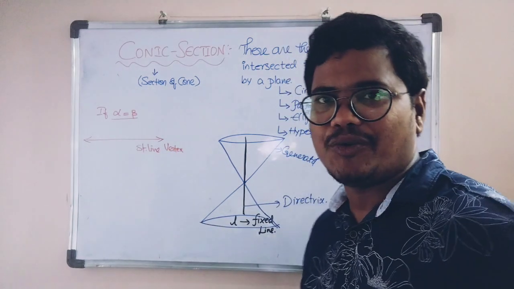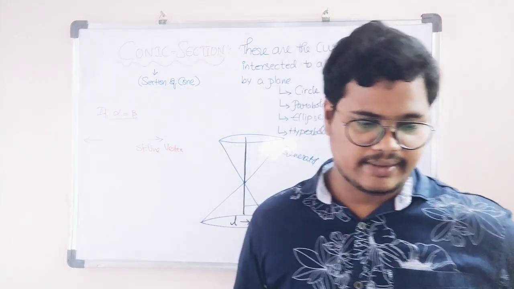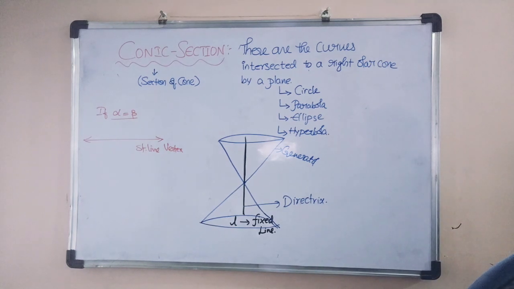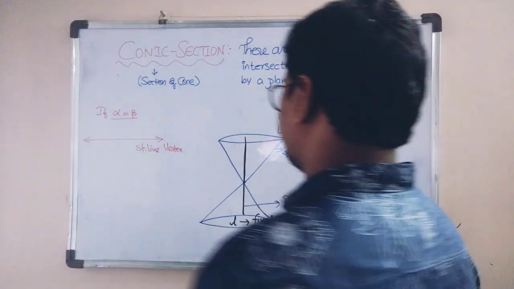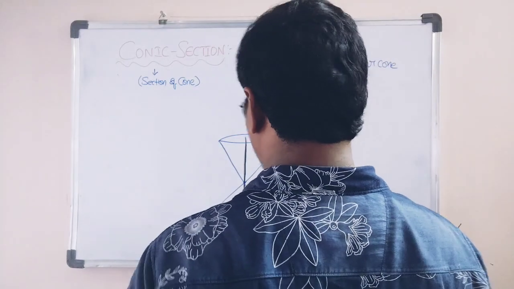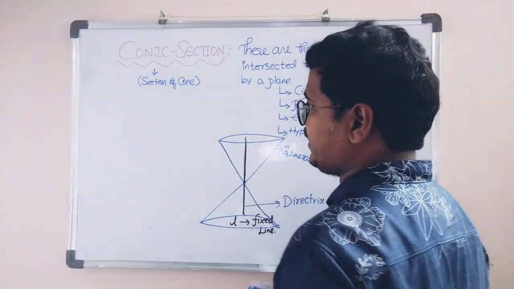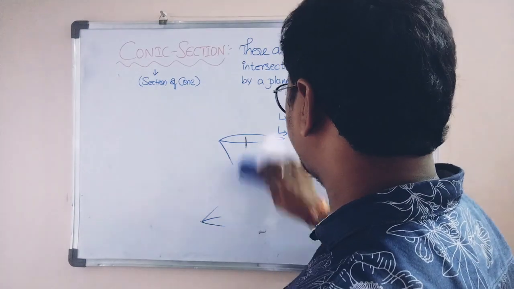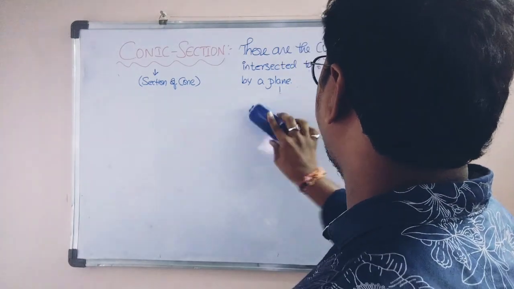Okay, exactly. Let us see. Sorry, it is not through vertex. It is a generator. Next, let us move to the definition of a conic.